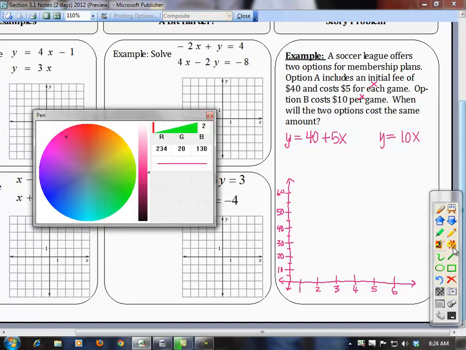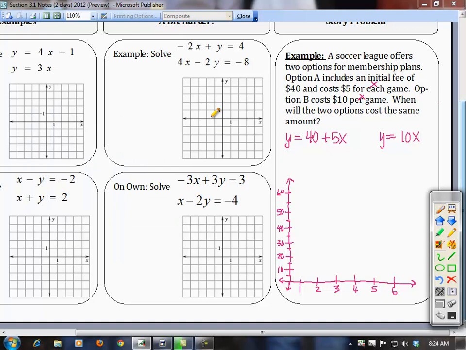Let me change my colors, and I'm going to say this first one is going to be in this purpley blue color. That means I start at 40 because it's the same thing as 5x plus 40. Okay, so I start at 40, and then what it says for my slope is go up 5 for every one I go over.